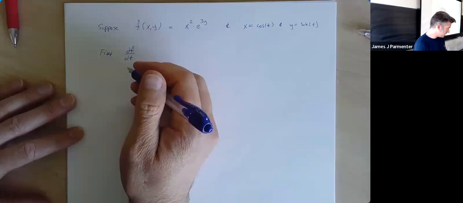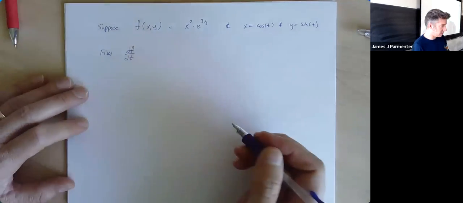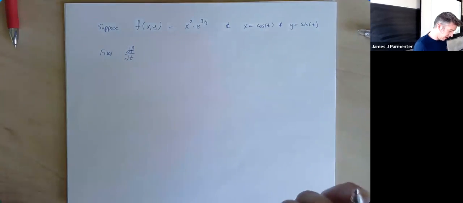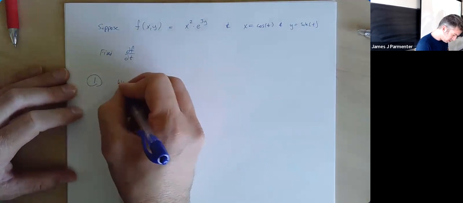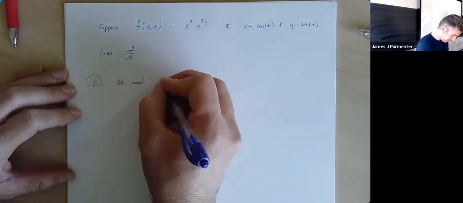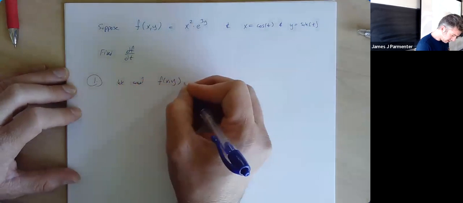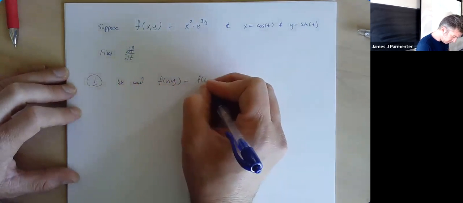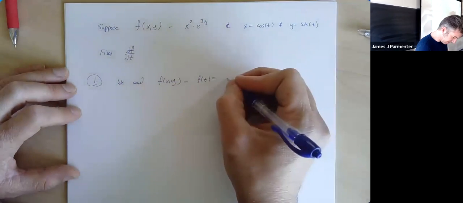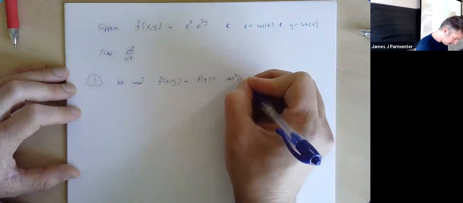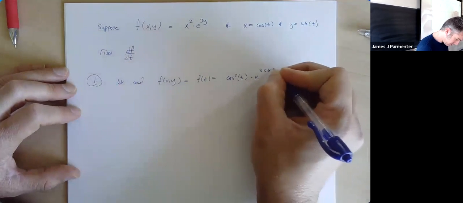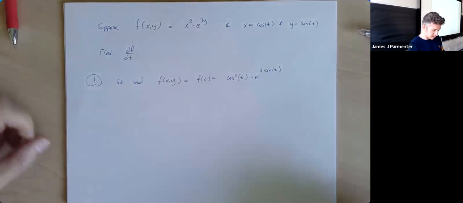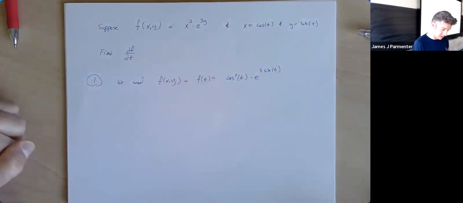You can do this either way, actually. We could say that f of x comma y is really equal to a function of t, where we just plug in cosine of t for x and sine of t for y. And then we could take the derivative using all of our derivative skills.